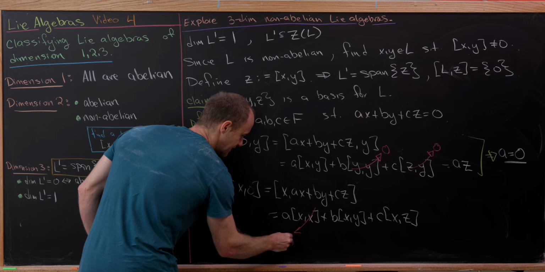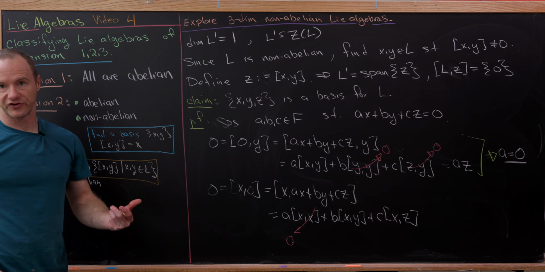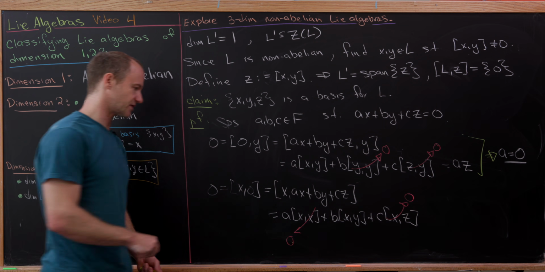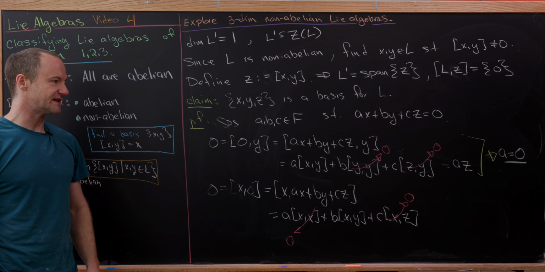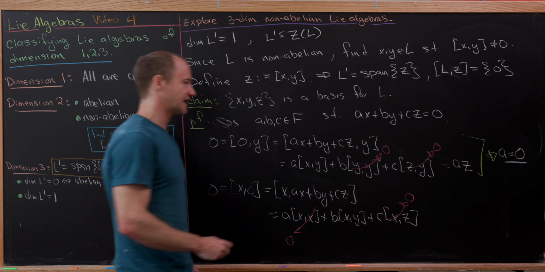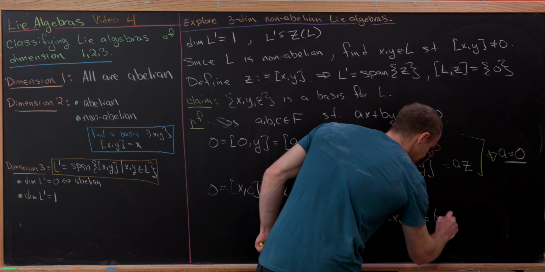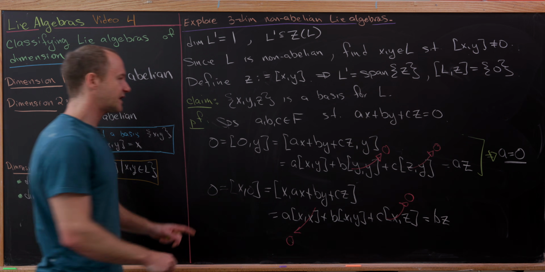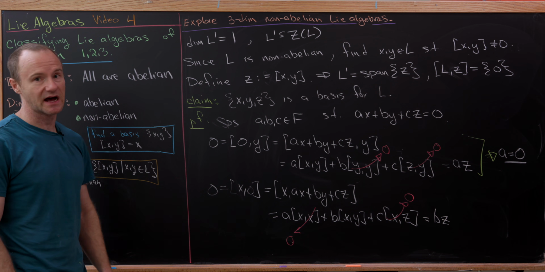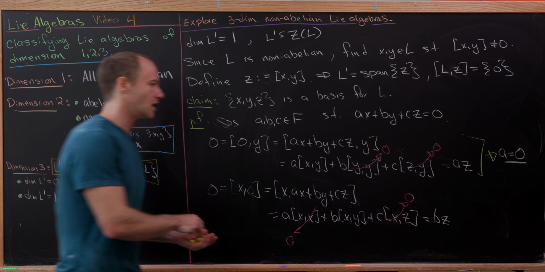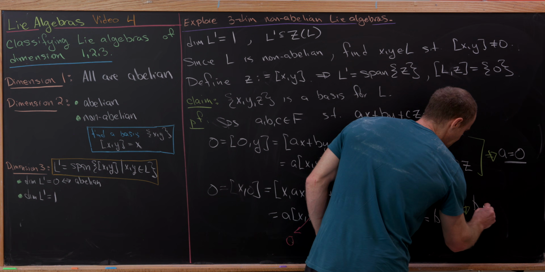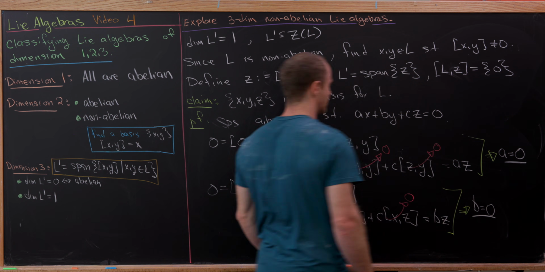Bracket xx is equal to 0 because of alternating. Bracket xz is equal to 0 because z is inside of the center, leaving us with b times bracket xy. But bracket xy is z, so here we have b times z. Again, we've got a similar scenario: the 0 vector is equal to b times z, which is a non-zero vector. So that tells us that b must be equal to 0.